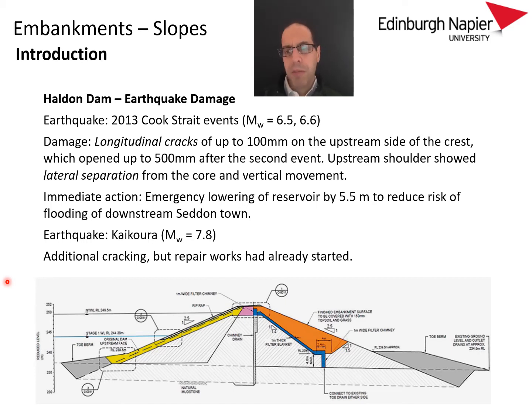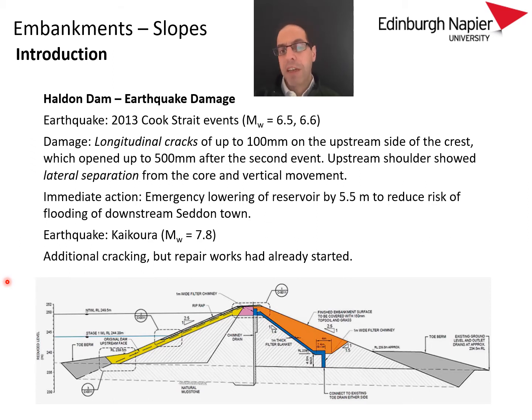Not only that, but the gravelly shoulder experienced some separation from the mudstone core, and it also showed evidence of some settlement. So clearly, a movement that would be considered literally scary, and something that could precede failure under a much smaller aftershock.